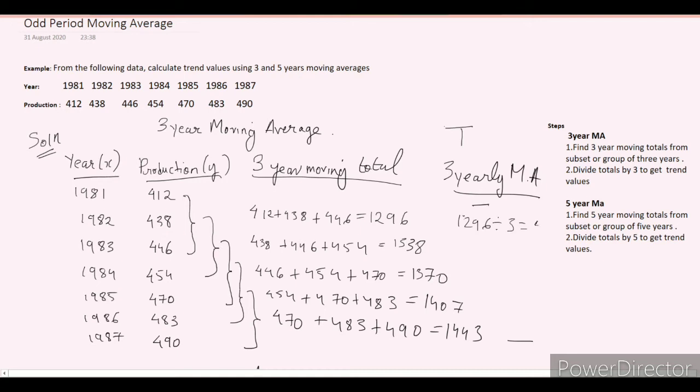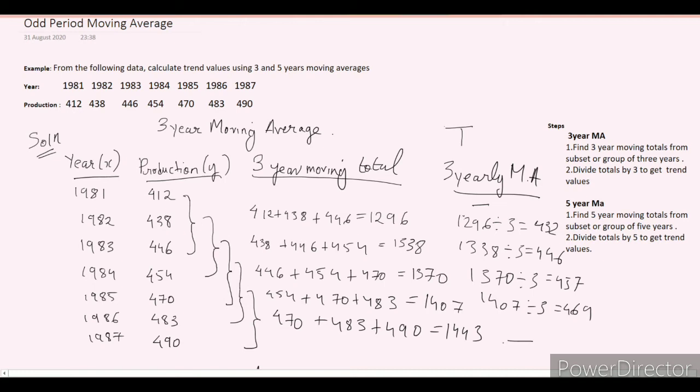What you get is 432, the trend value for the year 1982. Then 1338 divided by 3, you get 446, which is the trend value for the year 1983. 1370 divided by 3, you get 457, which is the trend value for the year 1984. Then 1407 divided by 3, you get 469, which is the trend value for the year 1985.